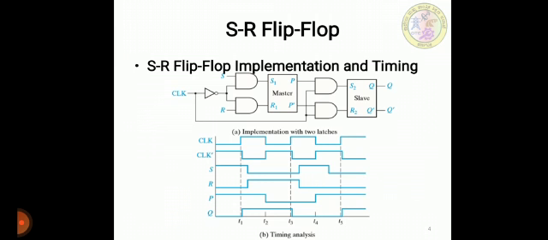The master latch holds the value of P while the clock is equal to 1, and hence Q does not change. When the clock changes from 1 to 0, the Q value is latched in the slave and the master can process the new inputs.